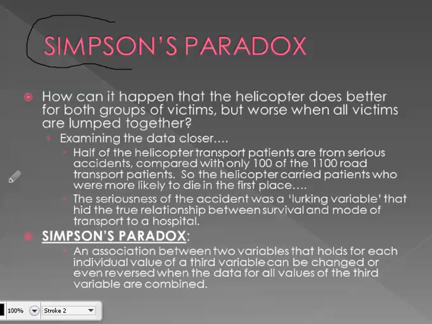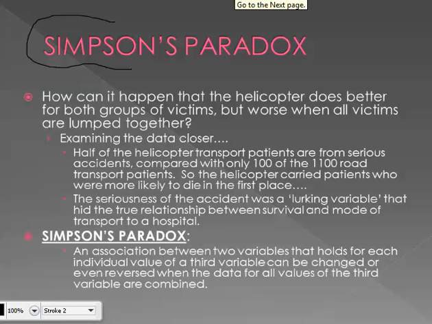The seriousness of the accident was a lurking variable that hid the true relationship between the mode of transport to a hospital and survival. Simpson's paradox states that an association between two variables that holds for each individual value of a third variable can be changed or even reversed when the data for all the values of the third variable are combined.